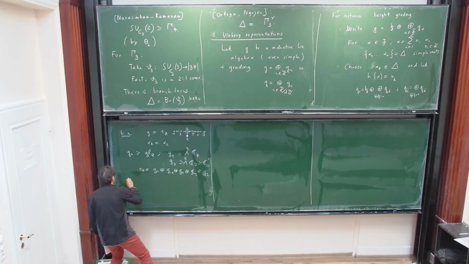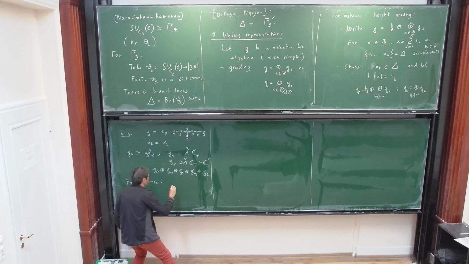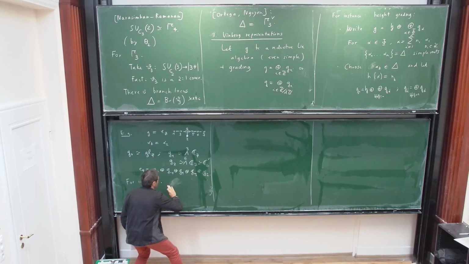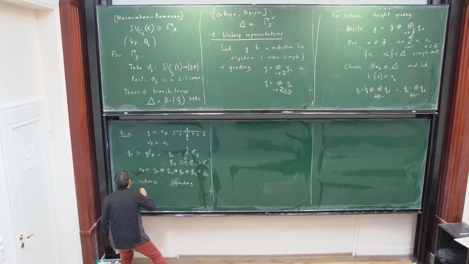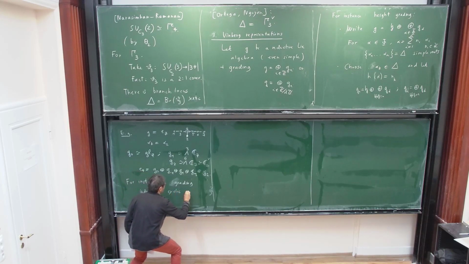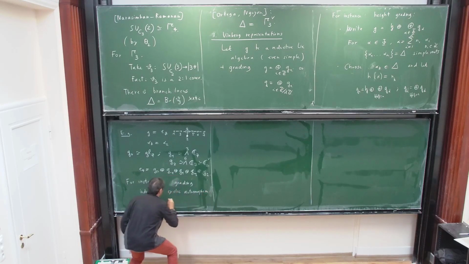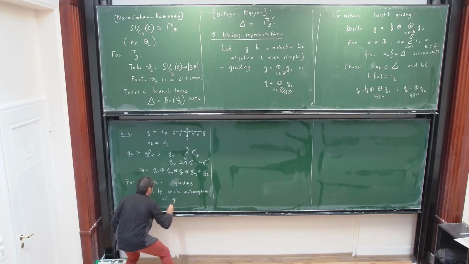Another instance of gradings appears from gradings induced by a cyclic automorphism of g.